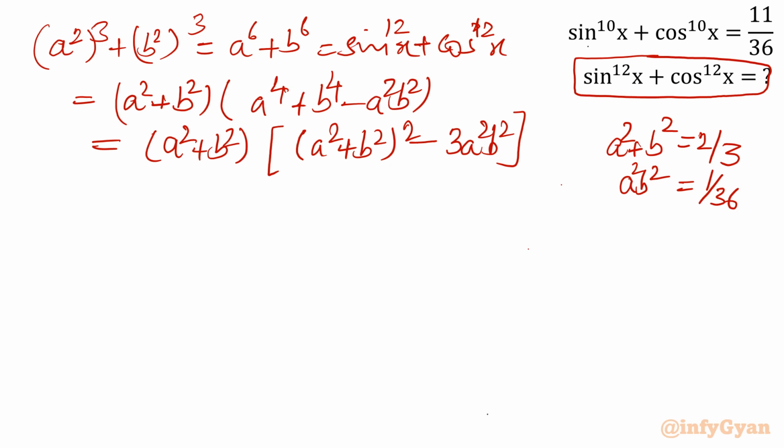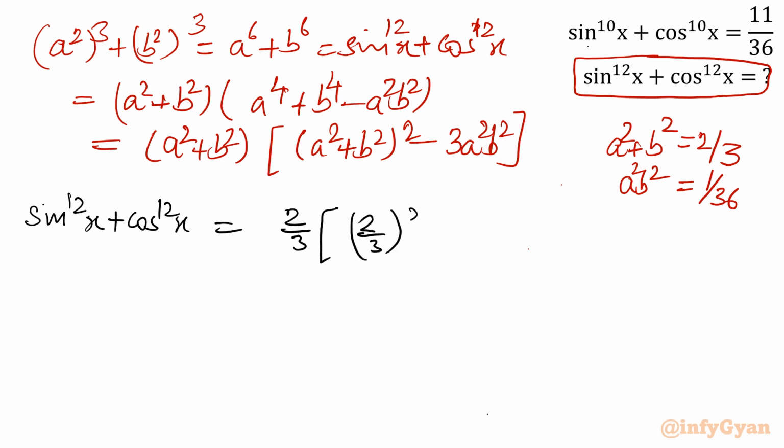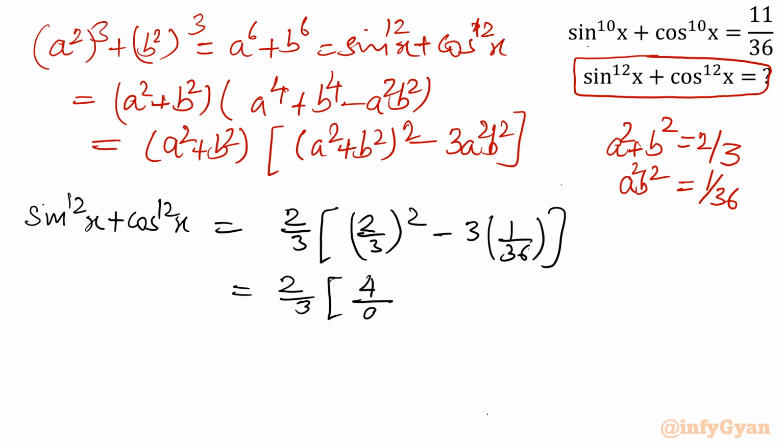Put the values, our answer is there. So I will get sine power 12 x plus cosine power 12 x is equal to (A square plus B square) times, that is 2 by 3, (2 by 3) whole square minus 3 times 1 over 36. So this will be 4 over 9 minus 1 over 12.